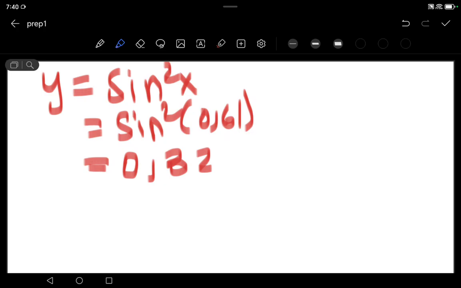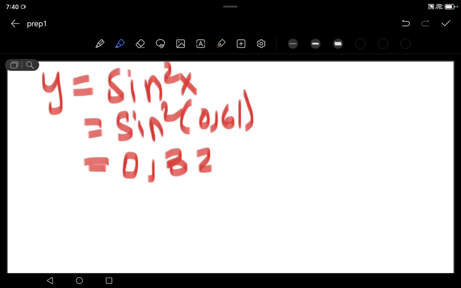You know what to do? Press Shift ENG, so that you can get decimal places.